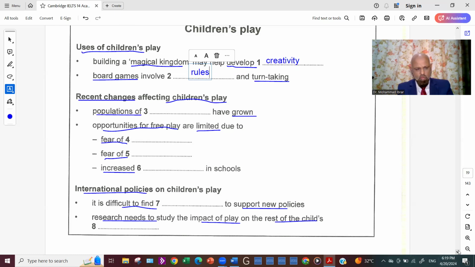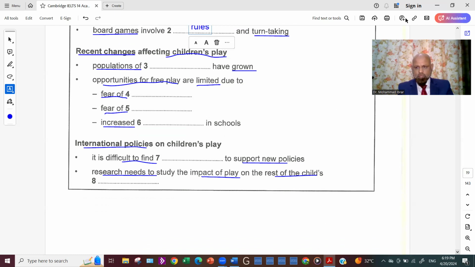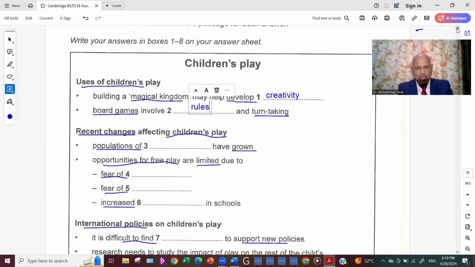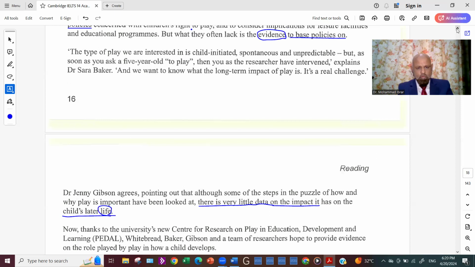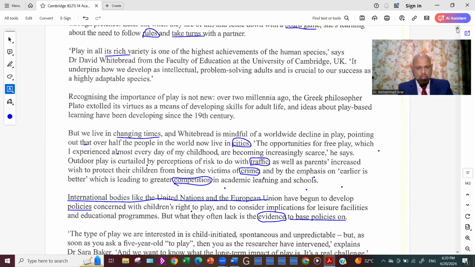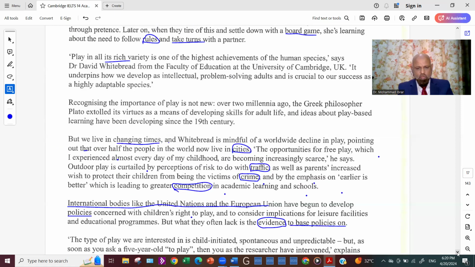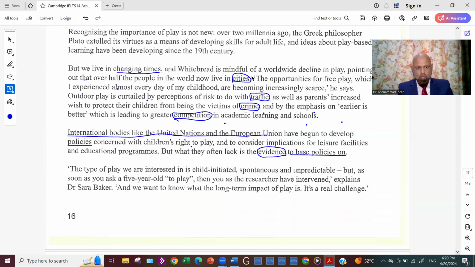Now let's go back. Population and a couple of fears, and then an increase of something in the schools. So as you can see here, population of cities, fear of traffic, fear of being a victim of crime, and then more competition.